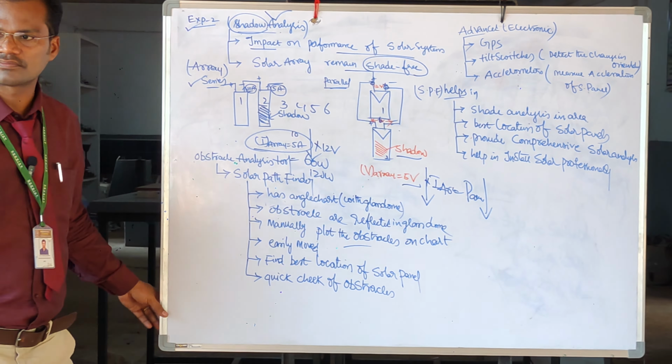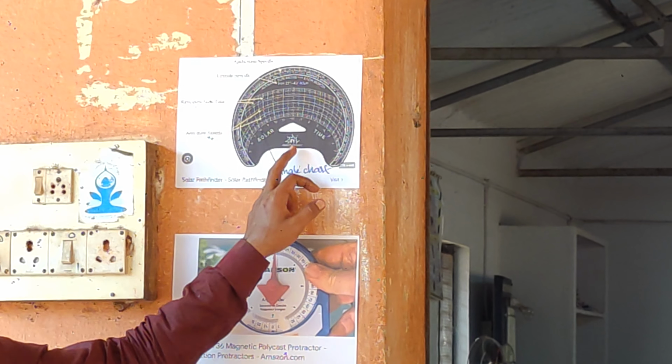Coming to this, what kind of analysis are solar pathfinders going to do? A solar pathfinder has an angle chart covered with a glass dome. What is it going to have? It is going to have an angle chart. So this graph, the black colored one, is called the angle chart.